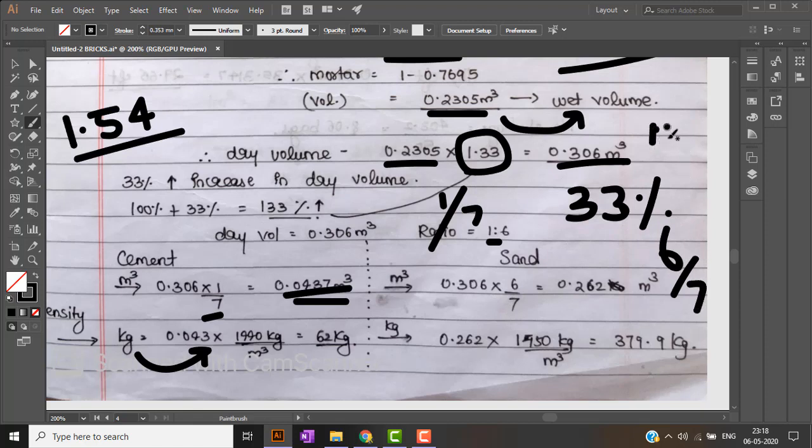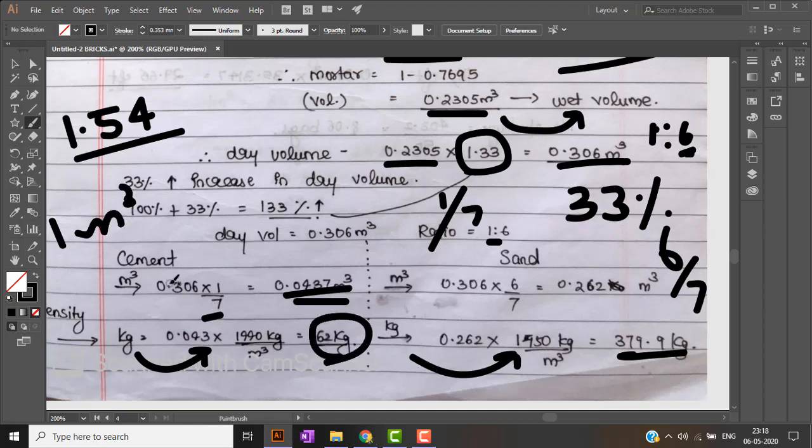It's 1:6, so sand is 6 parts out of 6 plus 1, which is 7. So in order to convert it into kilograms, multiply by its density. So for preparing 1 meter cube of construction, we need 62 kg of cement and 380 kg of sand for preparing its mortar.